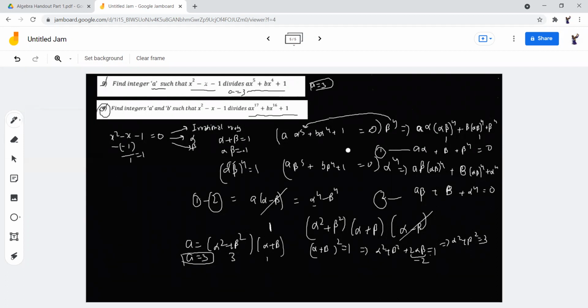Just like this, you get a alpha into alpha power 16 into beta power 16. And the answer will be a bit different here, as you get a equals alpha square plus alpha power 8 plus beta power 8 into alpha power 4 plus beta power 4 into alpha square plus beta square into alpha plus beta into alpha minus beta. So you need to simplify that one to get the answer.